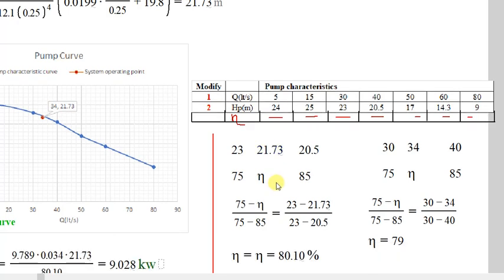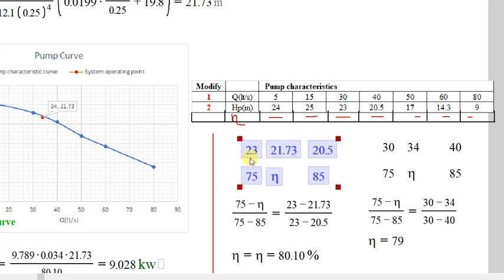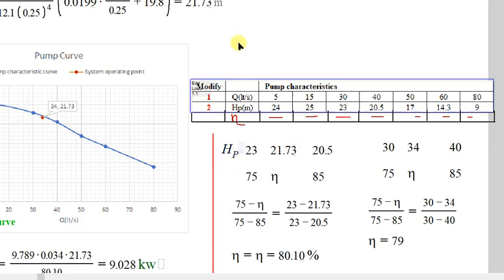Then what is next? Here what I wrote, the 23 and this one 21. Yes, so either by using this one here, I have used the head of the pump and the efficiency, or the efficiency, it is here.